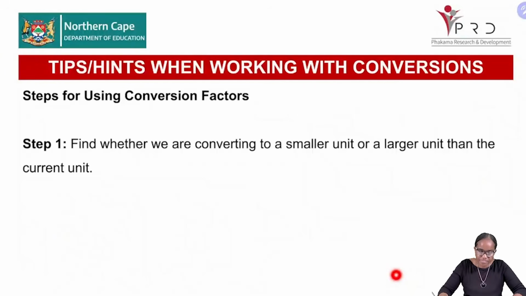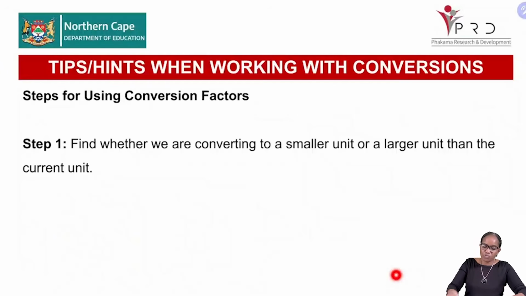Step 1. Find whether we are converting to a smaller unit or a larger unit than the current unit. That one is especially important when you are converting within the same system. For example, are you converting from milliliters to liters? Are you converting from kilometers to meters? If you are moving from a smaller unit to a larger unit, you divide.